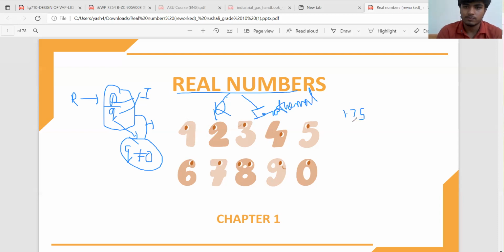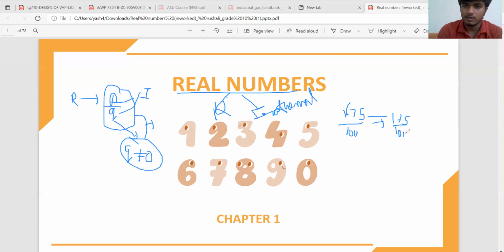So we have a number like 1.75. We can convert it into p by q form like this: we remove the decimal and put 100 below. So this is in the form of p by q, that is 175 by 100.